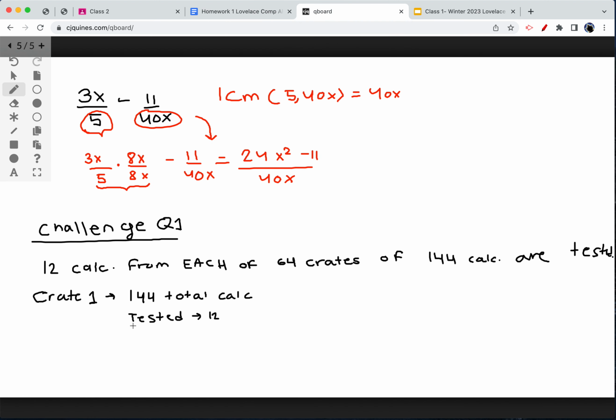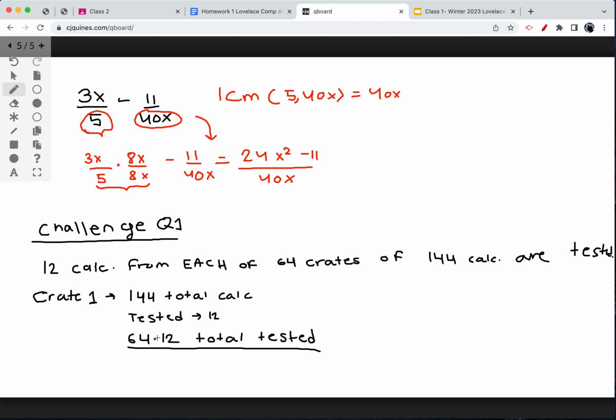So if we test 12 calculators from each of 64 crates, then we'll have 64 times 12 total tested.